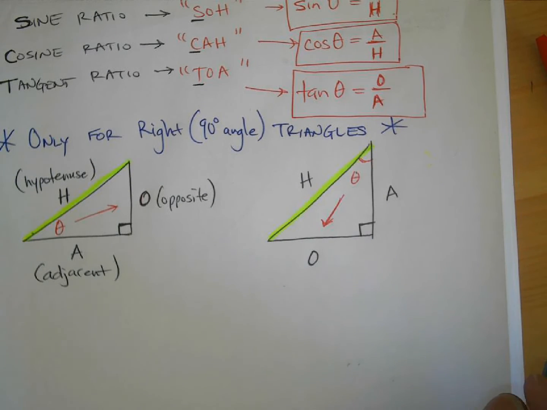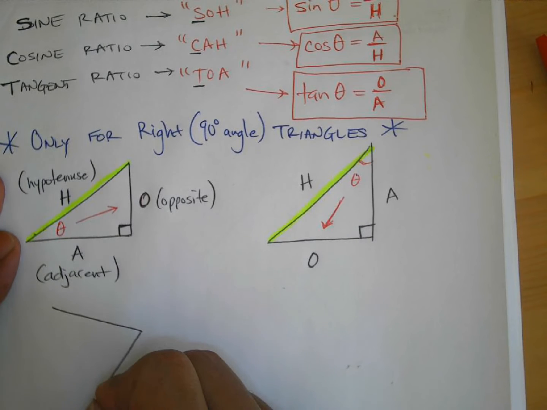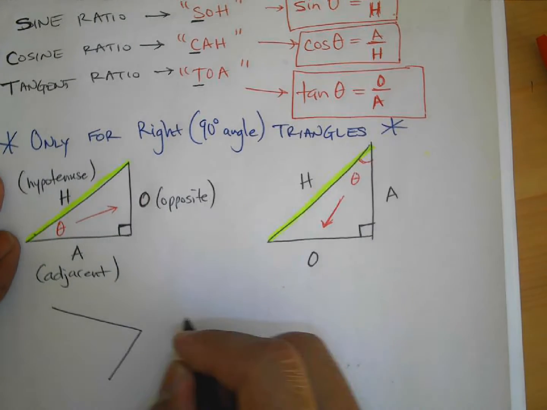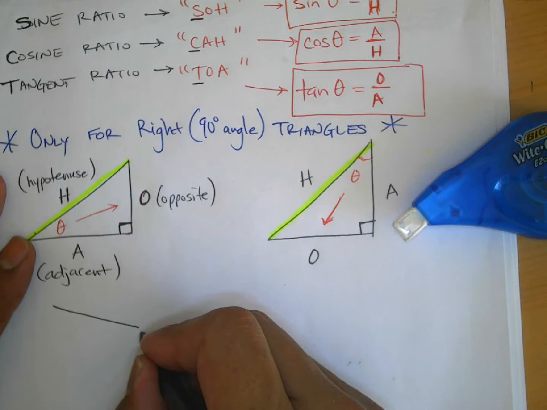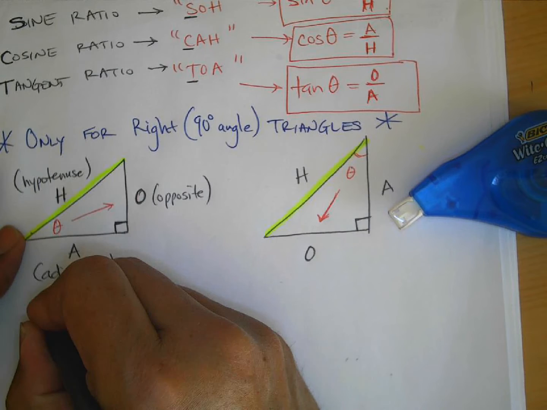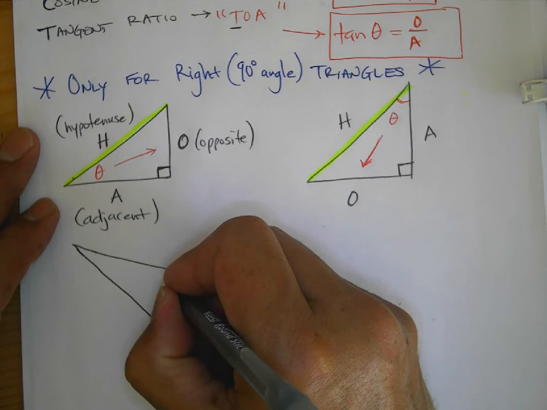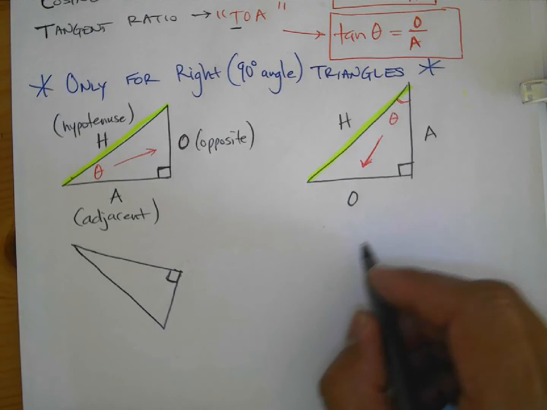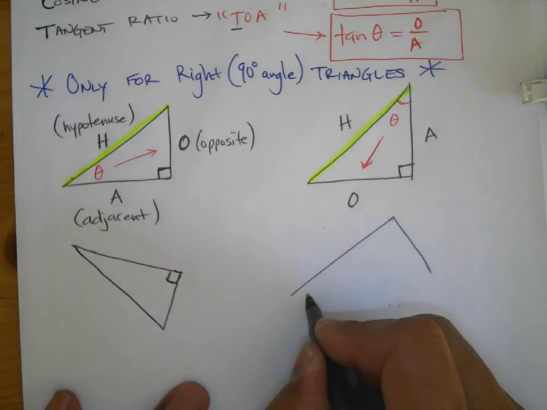Okay, so they're going to rotate, and oh, that does not look like 90 degrees. They're going to have different orientations for these triangles. They're going to turn them and rotate them and stuff. And your job is to label the O, the H, and the A. So that's what I'm doing here.